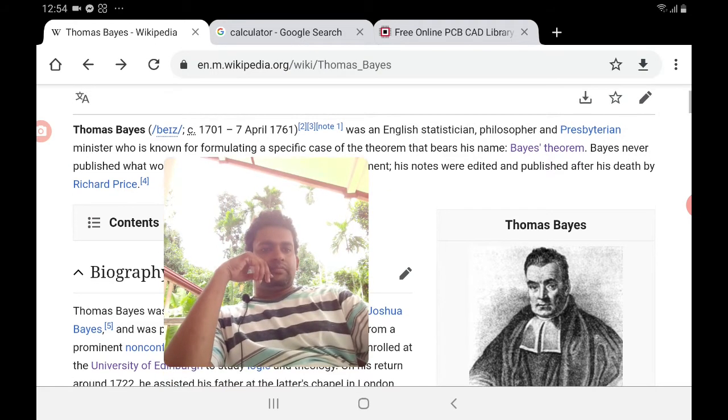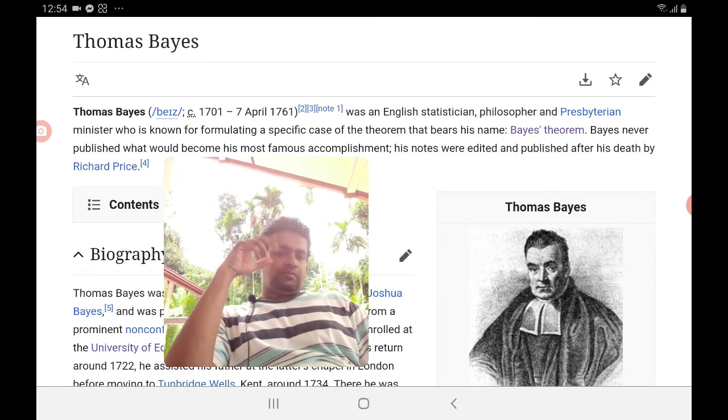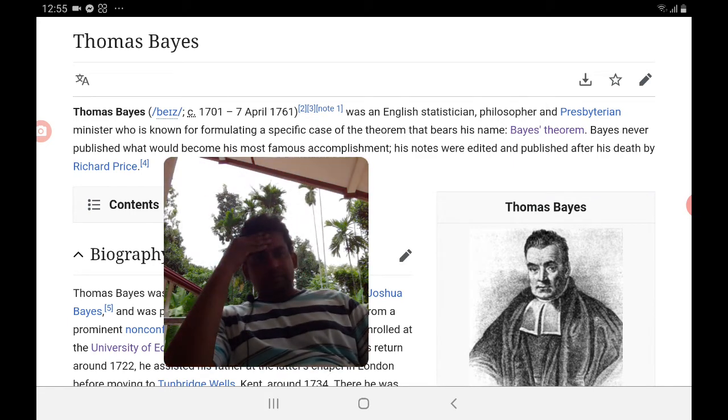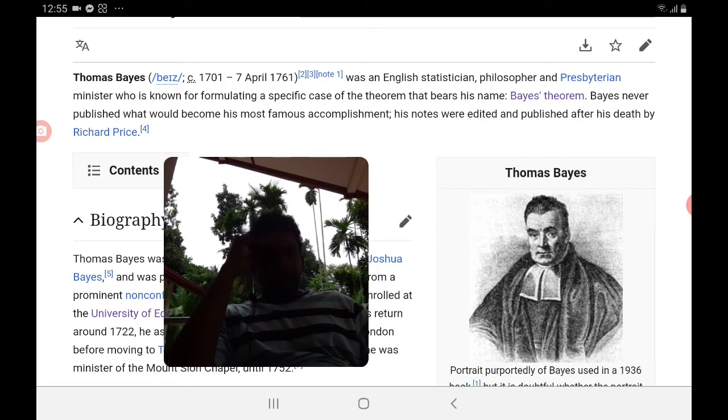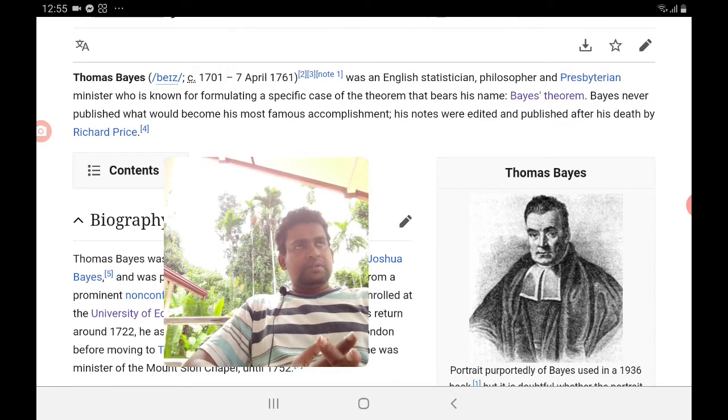Bayes theorem is one of the fundamental theorems in statistics, and it was proposed by Thomas Bayes in the 18th century. He was a mathematician as well as, I guess, a priest in England.